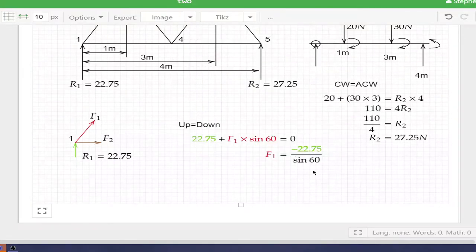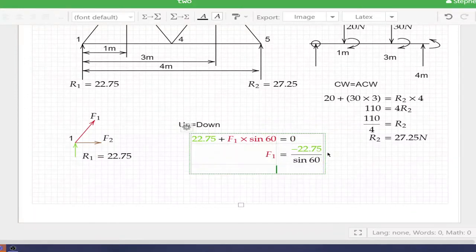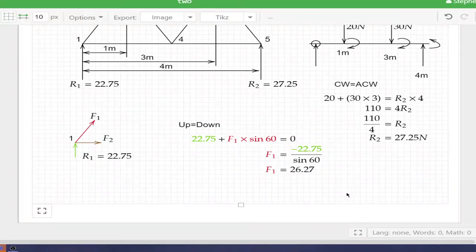Okay, and that would equal F1, so we can plug that into our calculator and we can find our answer, which is 26.27. So let's just finish this for the sake of completeness. Let's just copy that, it's going to be quicker. F1 equals 26.27, and I'm just rounding there to 2 decimal places.